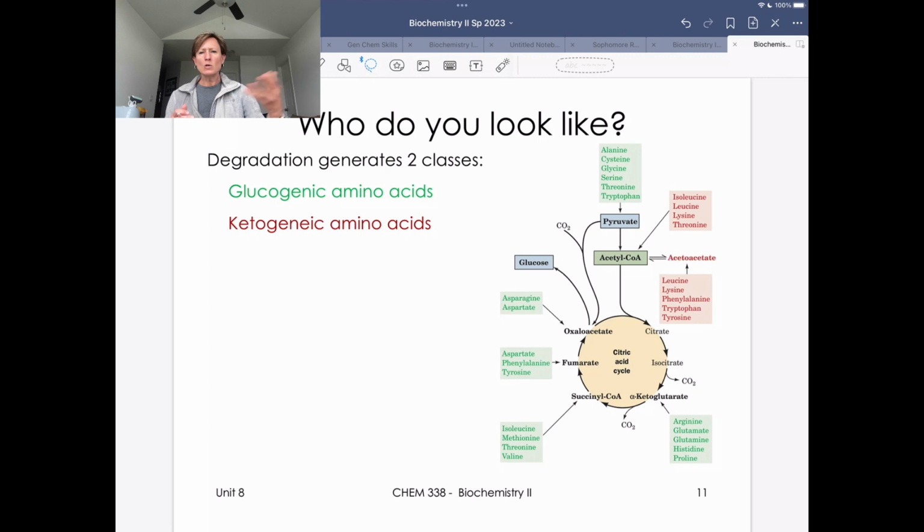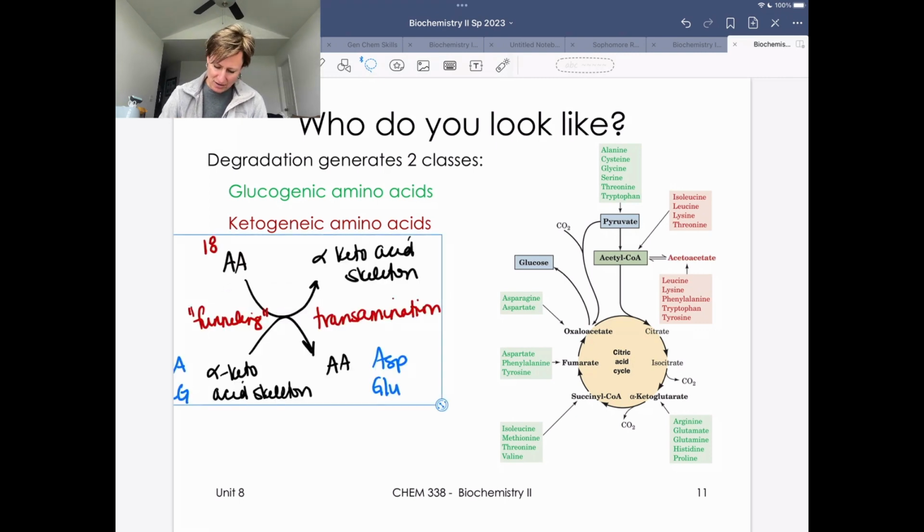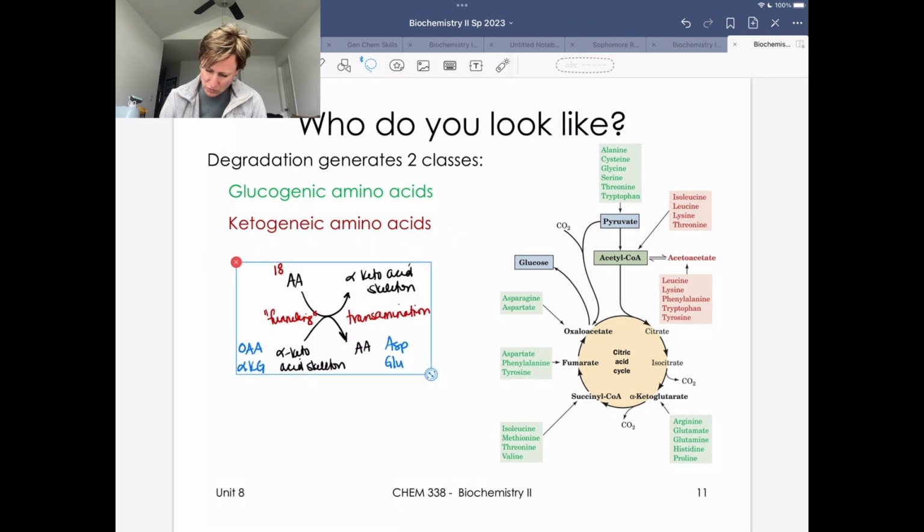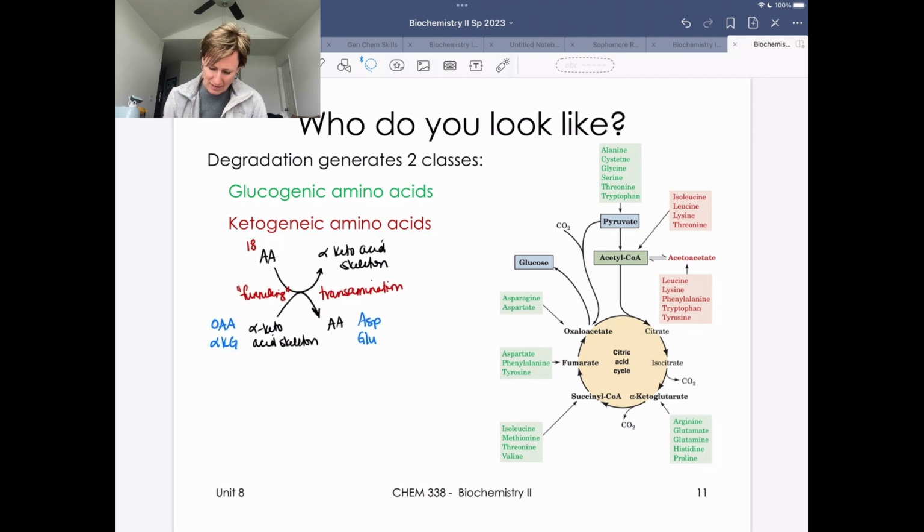And so ultimately at the end of the day, once we do this funneling, let me make this a little bit smaller so I've got some room. Once we do this funneling and we ask, well, what about these alpha keto acid skeletons? We're going to have 18 different alpha keto acid skeletons, and who they look like is going to determine how we metabolize them.